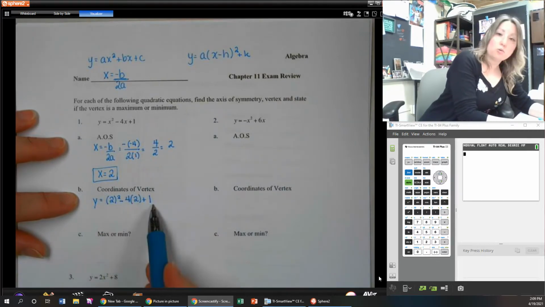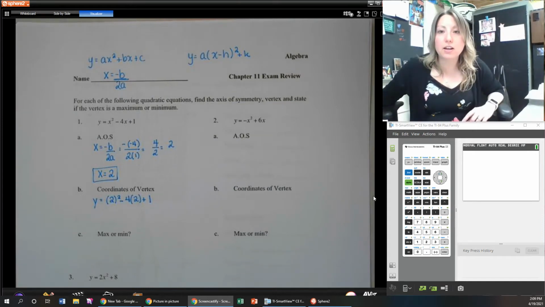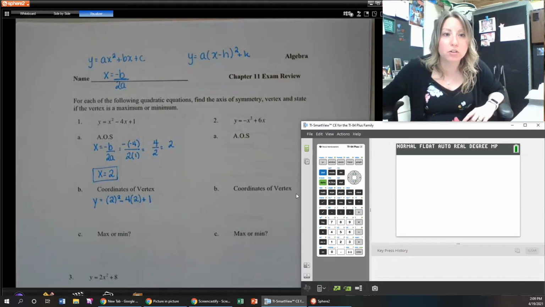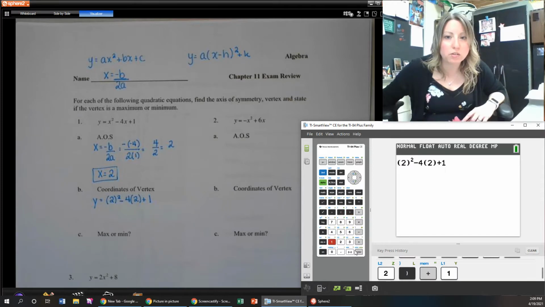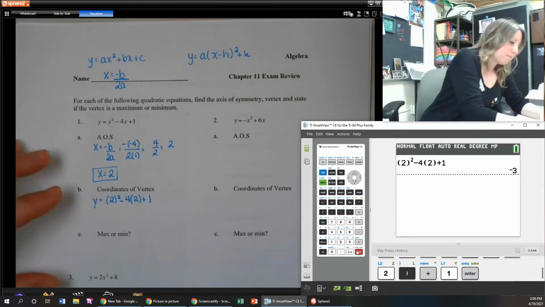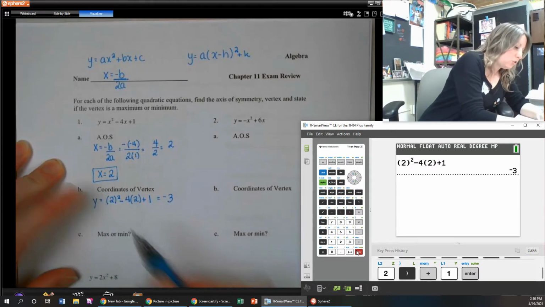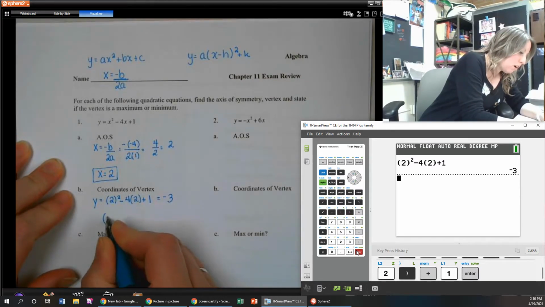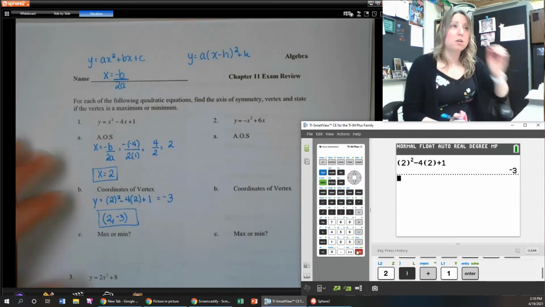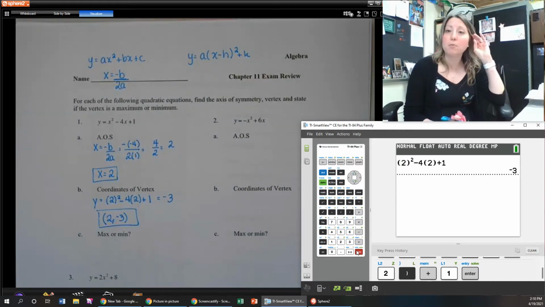If I show that substitution, I can come over to my graphing calculator and plug that line of work in: parentheses around 2, then square it, minus 4 times 2, plus 1, and we get negative 3. So our y value is negative 3 when our x value is 2. That means the coordinates of the turning point, or vertex, are (2, negative 3). We put those in parentheses with a comma between them.